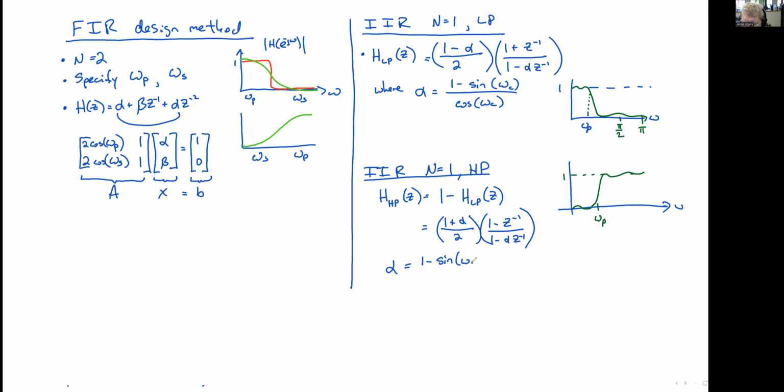I'll rewrite that formula to find alpha just to make it perfectly clear that that hasn't changed.